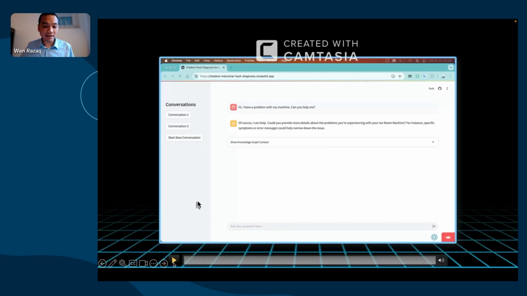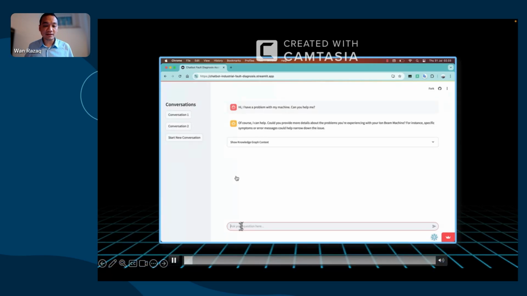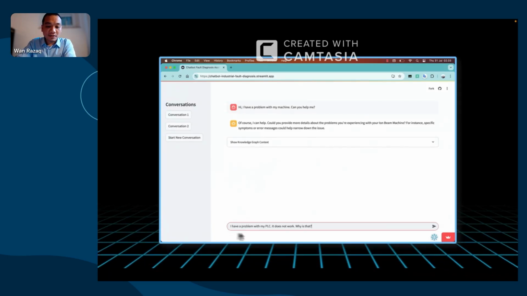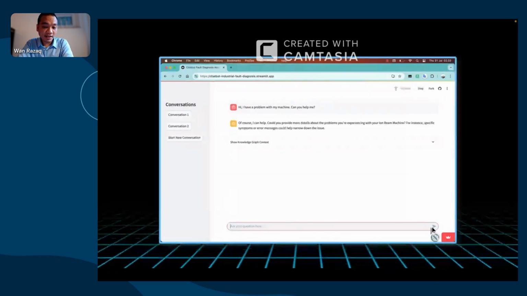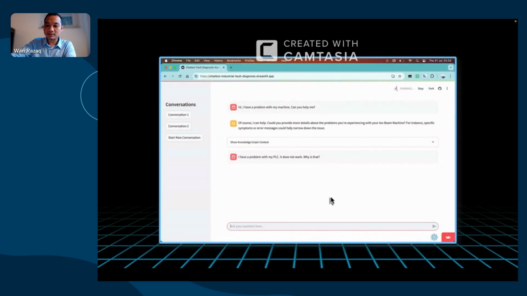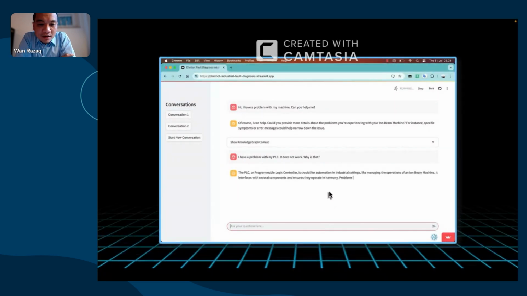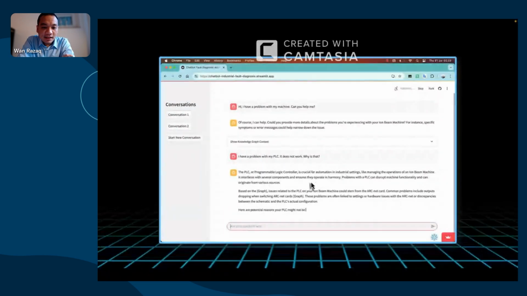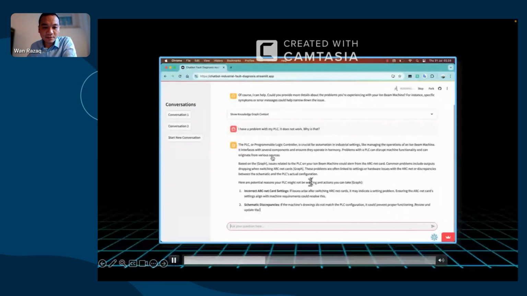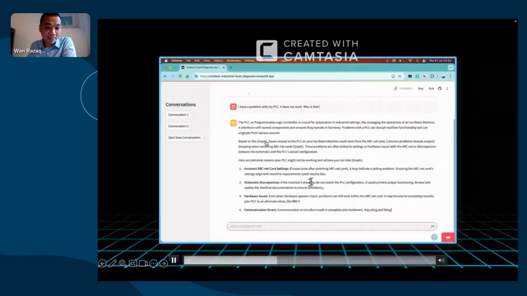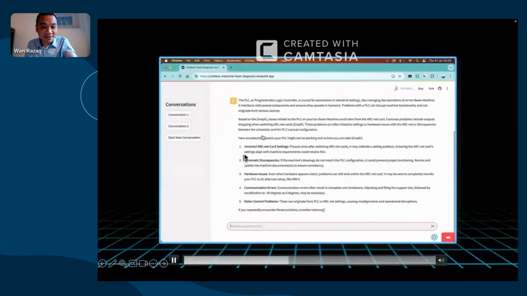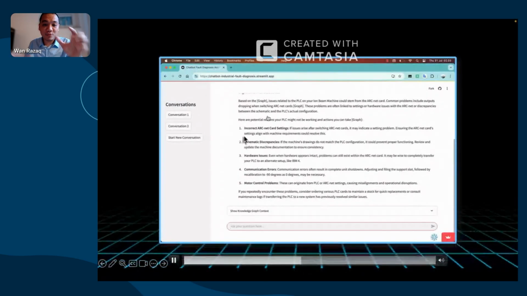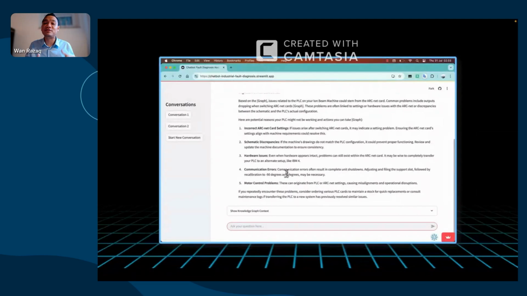Okay, so this is an example of the final prototype. I have a problem with my PLC. It doesn't work. Why is that? It first explains what a PLC is, and then, based on graphs, we can see there's a bracket "graphs", meaning that the answer is derived from the graph. So it increases the interpretability.